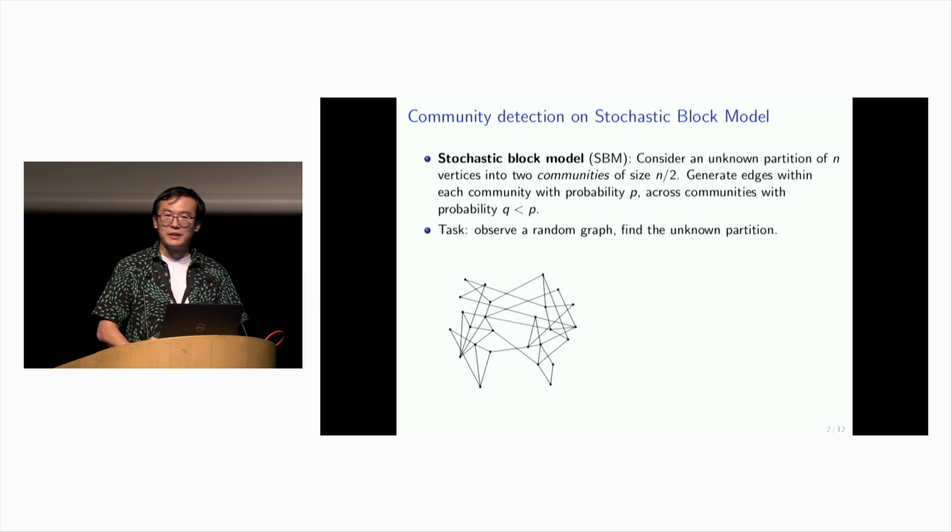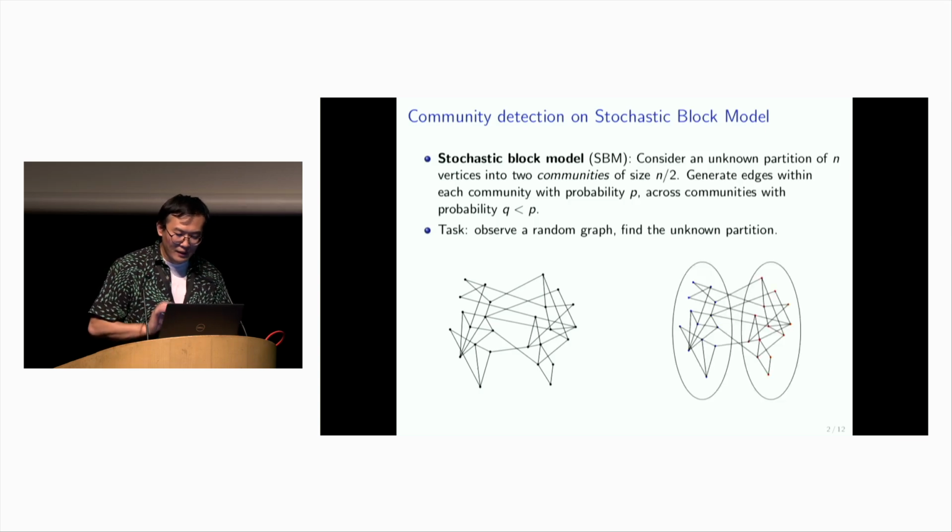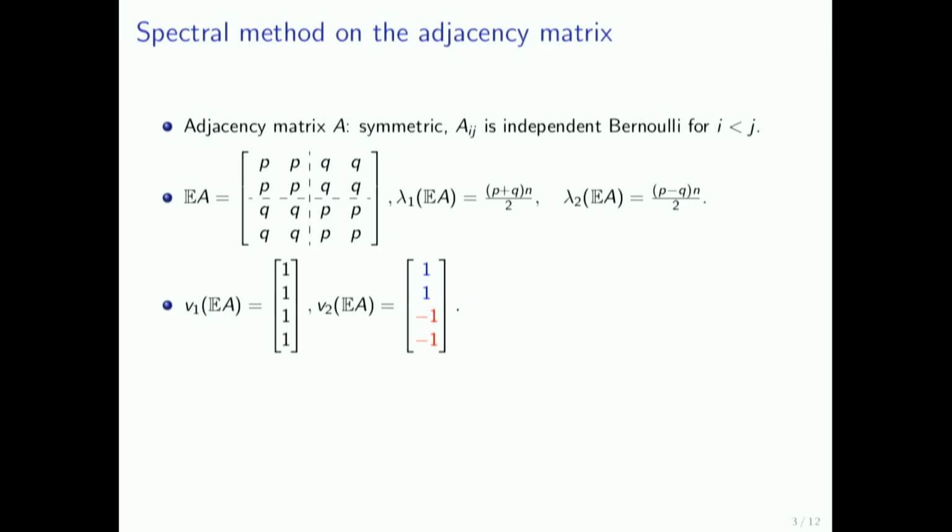So you observe a random graph without any label, and the goal is to find the meaningful partition that's aligned with the ground truth. Okay, this problem has many ways to solve it. Today I will be focusing on spectral methods, basically using some eigenvector of a random matrix to solve this problem. The first and simplest method is the spectral method on the adjacency matrix.